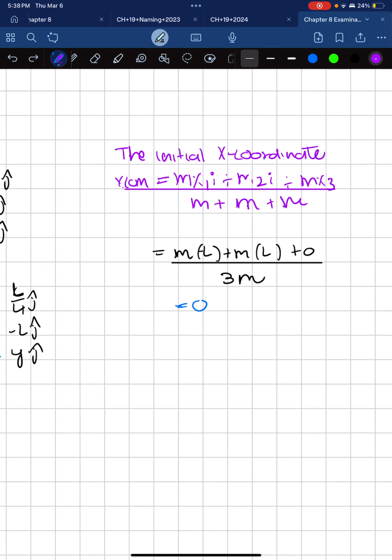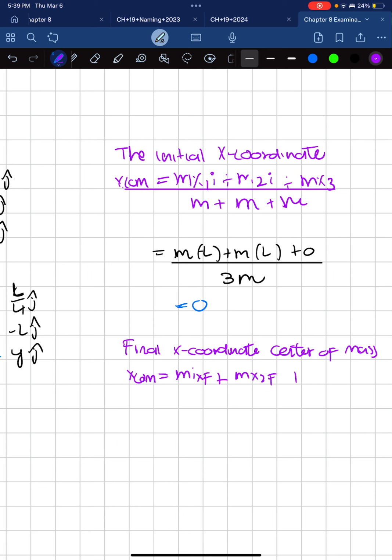So let's go ahead and put that. Okay, center of the mass. And let's put the formula that we use. In this case, we're going to use the final one.